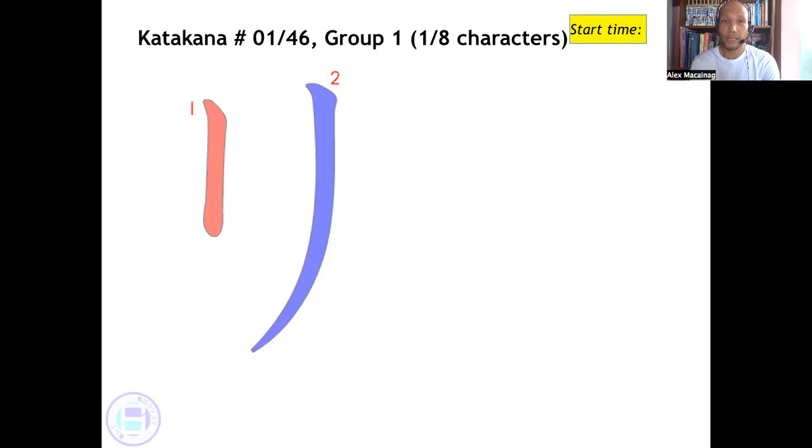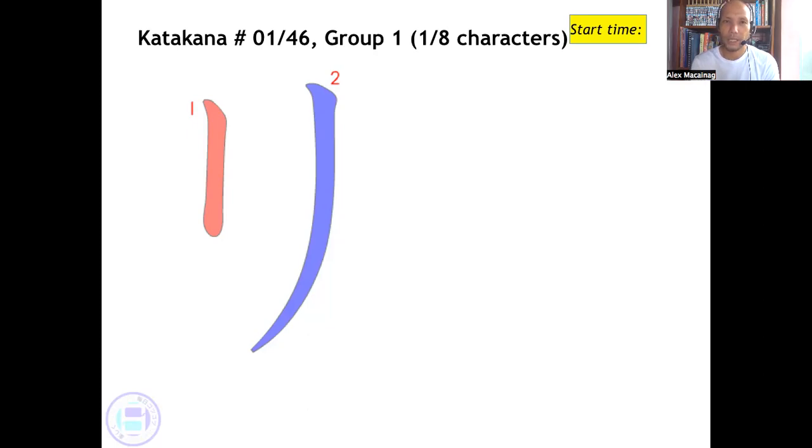Also, the main use of katakana is for foreign words, so non-Japanese words. We call them loan words or borrowed words from other countries. And also, we use katakana for our names because we don't have Japanese names, right? After you finish katakana, you will be able to write your names in katakana in Nihongo.